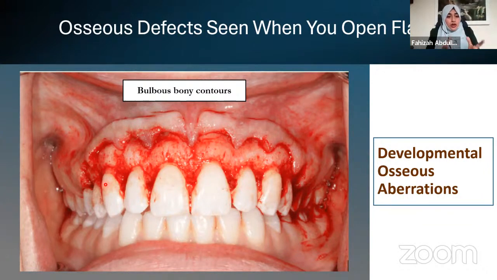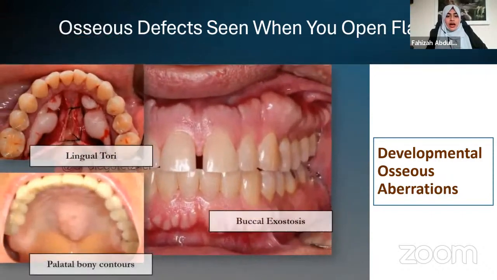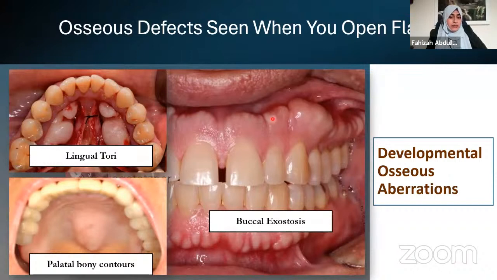They are not caused by periodontal disease as such, and they won't cause you much harm, but if you want to make it look more aesthetically appealing, or for elimination of future periodontal disease, you can correct these defects. Then, can you see the buccal exostosis? It's a maxillary exostosis. In this case, if the patient has no problem, you can still leave it, but there are higher chances of future periodontal disease.